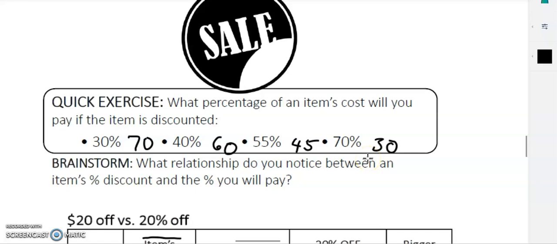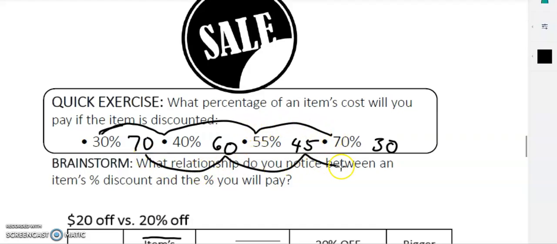All right, take a second here on your own, in the packet on this page, and answer this brainstorm question. What relationship do you notice between an item's percent discount and the percent that you pay? How is this number changing compared to how this number is changing?